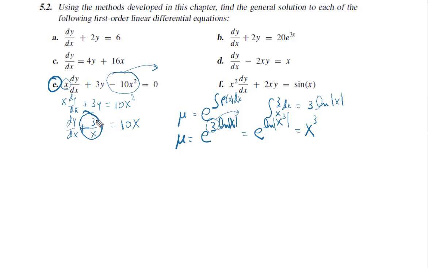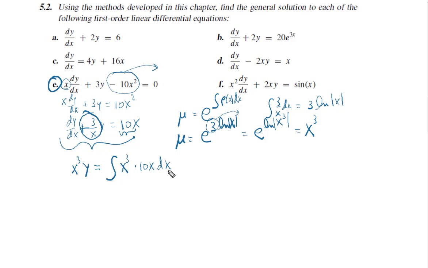So then we write our standard form for the differential equation as mu, x cubed, times y equals, and then over here we'll have an integral that has mu times f of x dx.